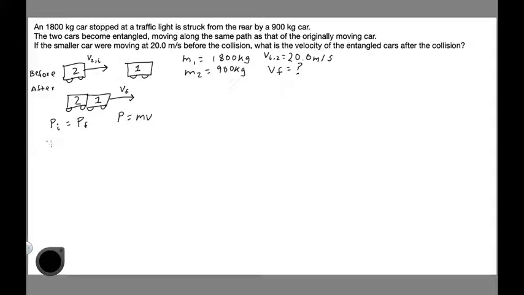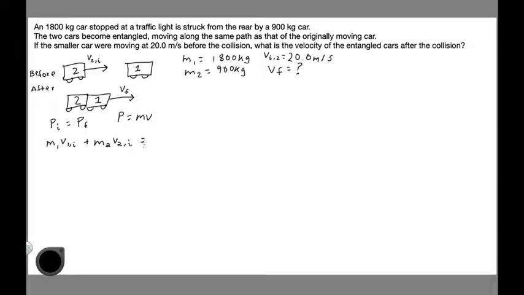So the initial momentum of car 1 is going to be the mass of car 1 times the velocity of car 1. And let's call this velocity V1 initial. The initial velocity of car 1 plus the momentum of car 2, which is going to be equal to the mass of car 2 times the initial velocity of car 2.